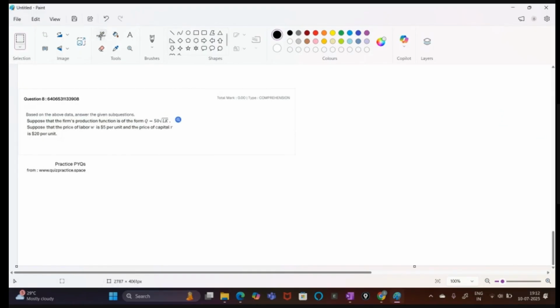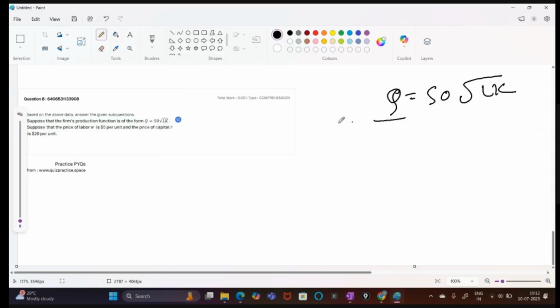I don't know why it is not showing the question very well. Oh, okay, leave it. So it is given that Q equal to 50 under root LK, where Q is the quantity.